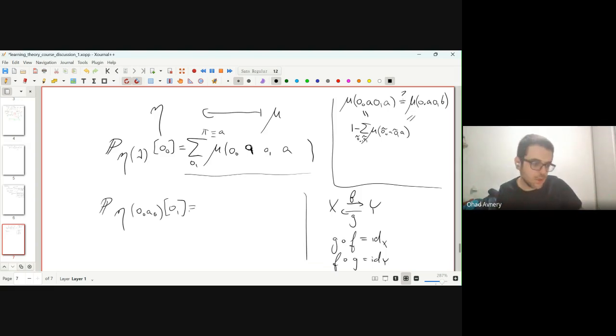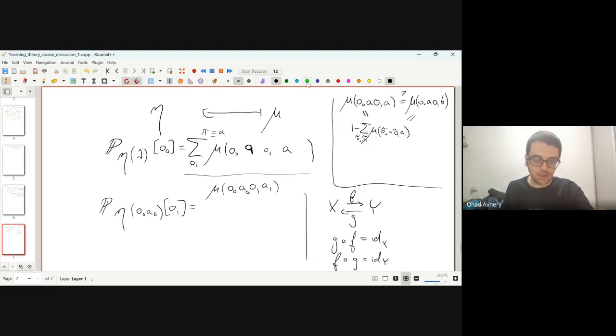Yes. So for this part, we think of eta as basically the conditional probability that we will get that O1 results, given that we already have this history. So here we can do mu on the entire tuple, like the probability of the appearance of O0, A0, O1, and A1, which is again arbitrary.